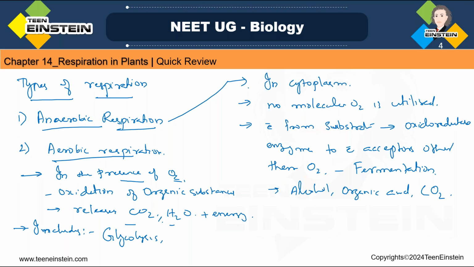Then pyruvate oxidation. Krebs cycle. Electron transport chain, or ETC. Then oxidative phosphorylation.